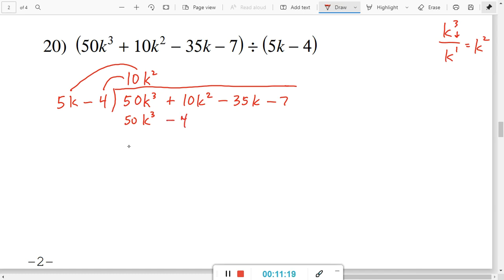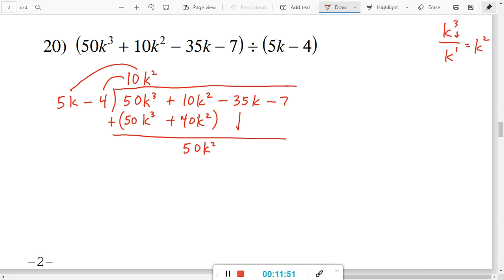So that's going to be negative 40k squared. All right, and we're subtracting this whole thing, so use parentheses. 50k to the third minus 50k to the third, that's just 0. And here we have two negatives, so I'm going to make it positive. You want to distribute that negative. 10k squared plus 40k squared is 50k squared.